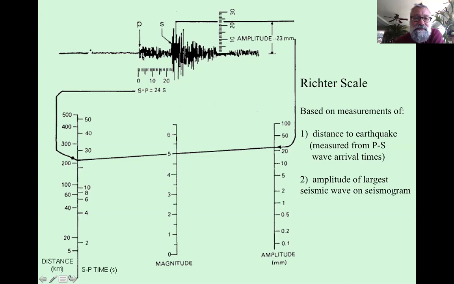So we've already determined how we can do that. The other thing that has to be measured is the amplitude. And the amplitude is from the baseline. So here's the horizontal, and it's the departure from there. The largest wave, wherever it is, whether it's the P wave, the S wave, or the surface waves, measure the largest wave from this baseline up or baseline down in millimeters.